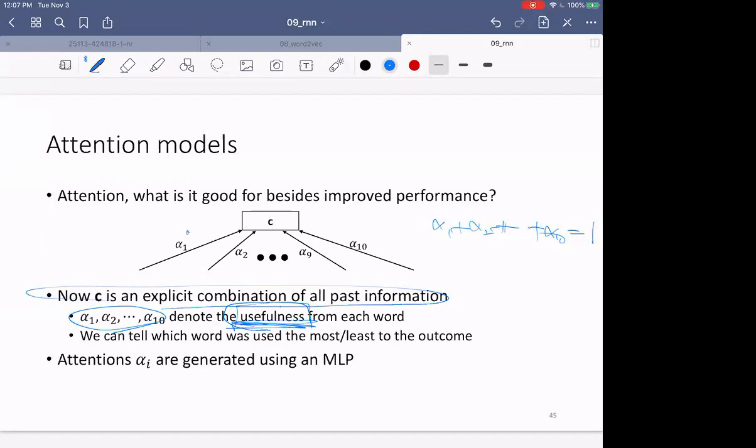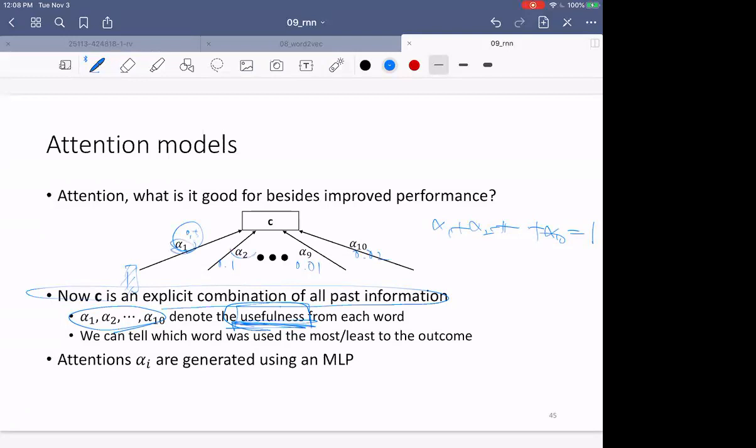Sometimes alpha 1 could be 0.5, another could be 0.1, another 0.021, another 0.02. In that case, you know that alpha 1 was the most important information. That means the first word was the most important information that the model has attended to. That's why it's called the attention mechanism.